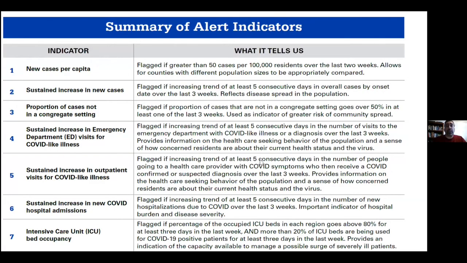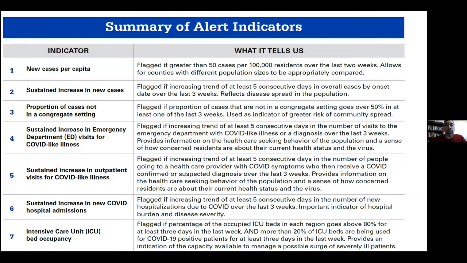So here's a summary of the alert indicators. I'm just going to go through them briefly here. There are 7 indicators. Number 1, new cases per capita, which is flagged when there are over 50 cases per 100,000 residents. This allows equal comparison between counties of different population sizes.